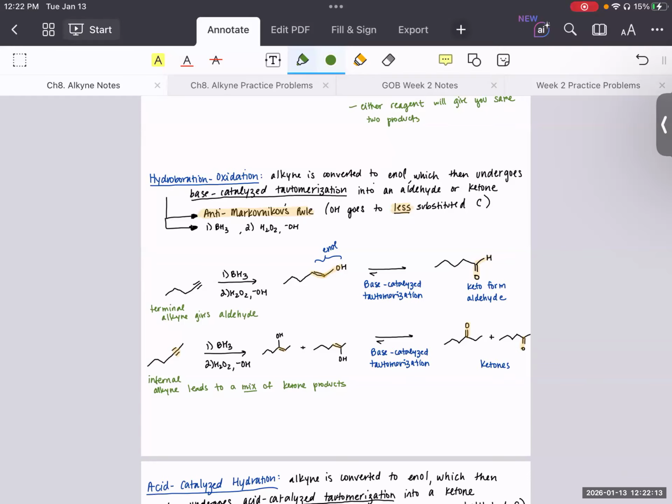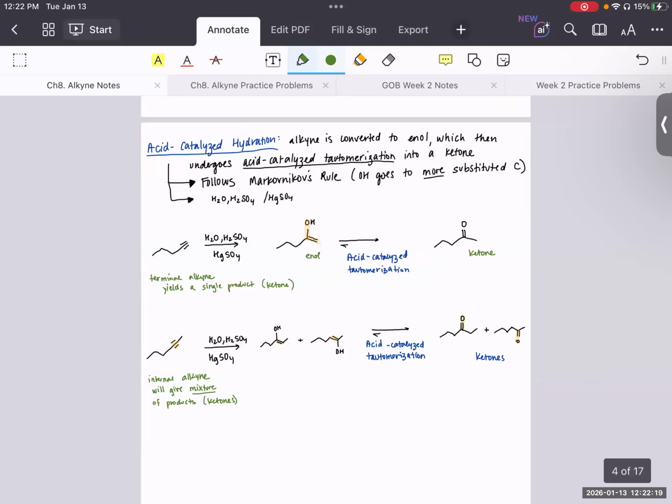I think of hydroboration, B, base-catalyzed tautomerization, versus acid-catalyzed, where you get acid-catalyzed tautomerization. All right, but both of these go through that enol that then gets converted to a ketone form, and you only get a single product if you have a terminal alkyne. Otherwise, if you're working with an internal alkyne, you get a mixture of products that are both ketones.